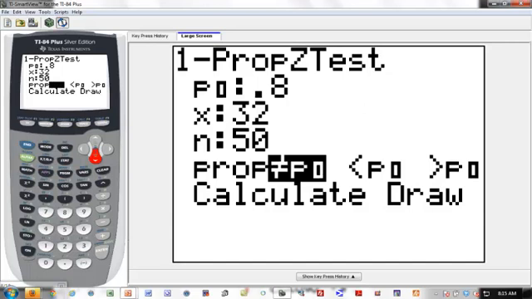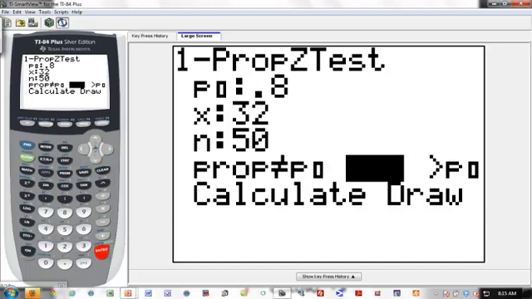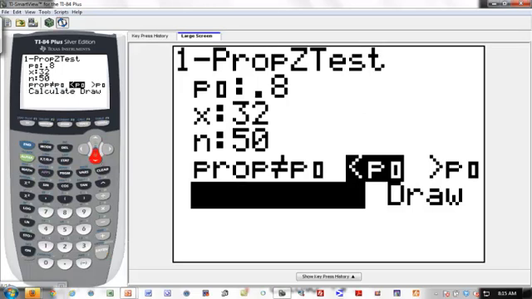This proportion refers to the proportion in the alternate hypothesis. This P naught refers to the 0.8 that we wrote in the alternate hypothesis. So do we think P is not equal to 0.8? Do we think that P is less than 0.8? Do we think P is greater than 0.8? Less than. Enter. And then we go calculate.